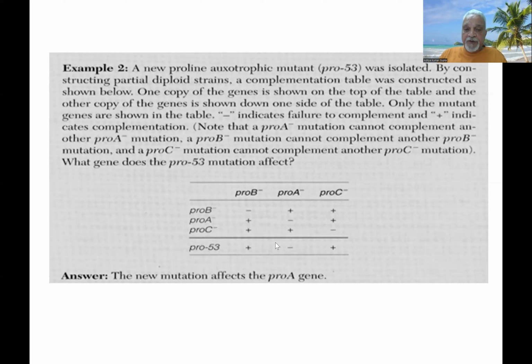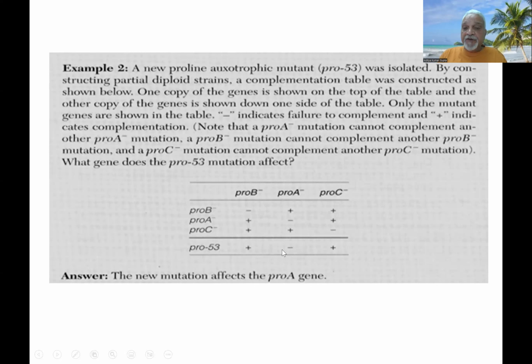Now, coming to this, where it is A minus. What happens in this cell where the partial diploid is generated, where we know it is A minus? This cell does not regain the wild type phenotype.